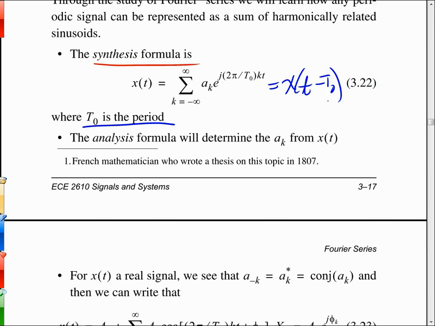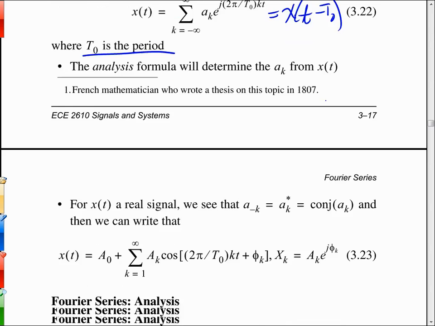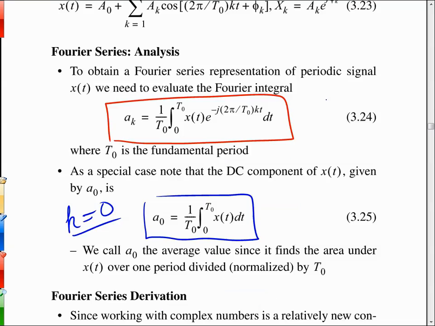You're probably thinking, what if it's not periodic? What if it's aperiodic, which means it just happens once and then it goes away? Then there's another Fourier result called the Fourier transform. So we have another type of representation for aperiodic signals. But this is for the periodic types.